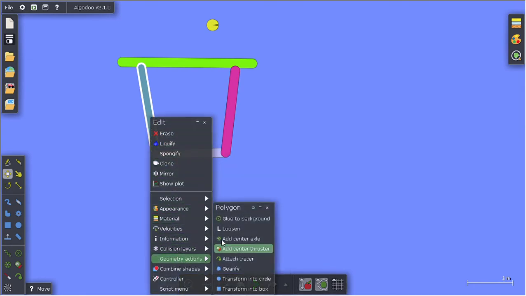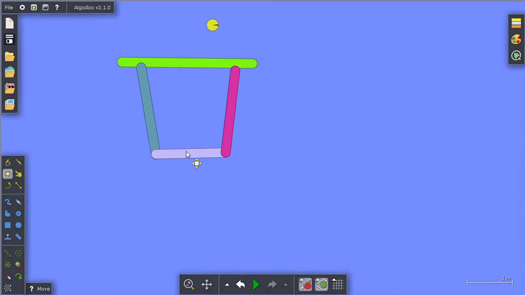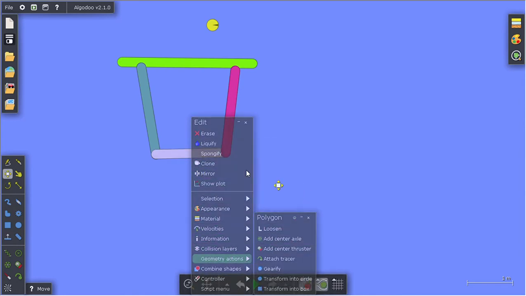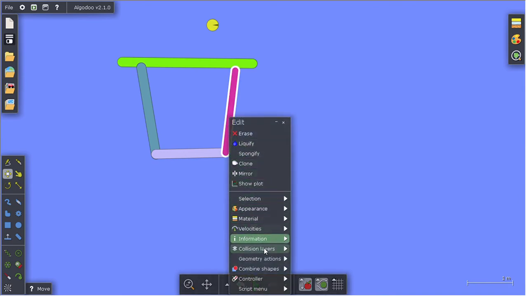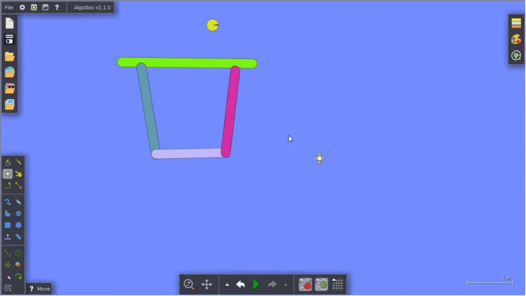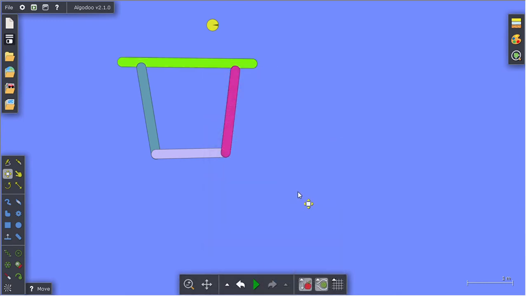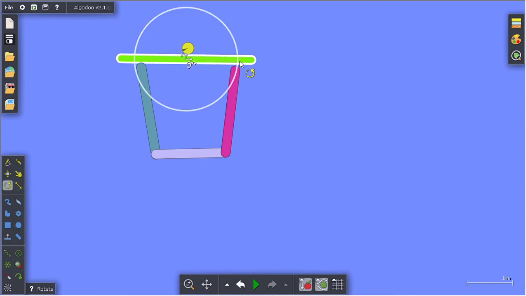Now, this, let's loosen. Dang it. Let's rotate you.